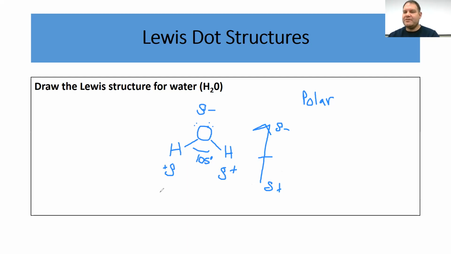But now they're going to want to know, what is the hybridization around the central atom? Well, the central atom is oxygen, right? So we're going to use our little trick that I showed you. All you need to do is count the domains. Each domain includes a bonding pair or a lone pair. So if we count the domains, 1, 2, 3, and 4, we have 4 domains.